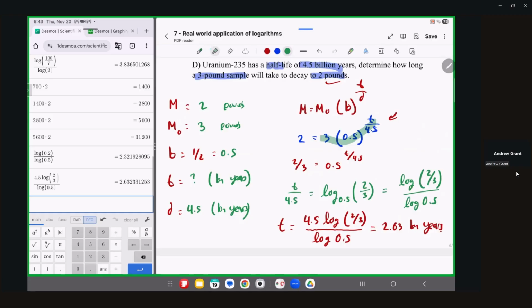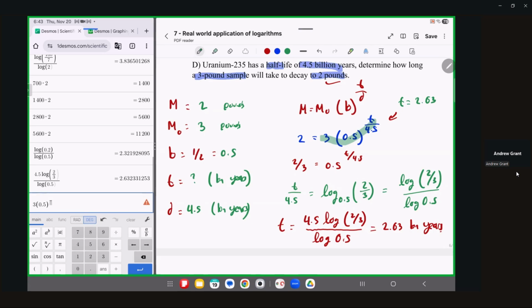So we could check t equals 2.63 to see if we get approximately the right answer. If we take 3 times 0.5 to the power of 2.63 over 4.5, yeah, we get about 2. And again, we're talking billions of years, so give or take a few 10 million years. Not a big deal when you're in the land of billions.